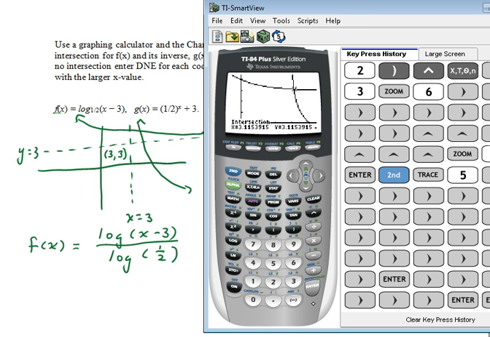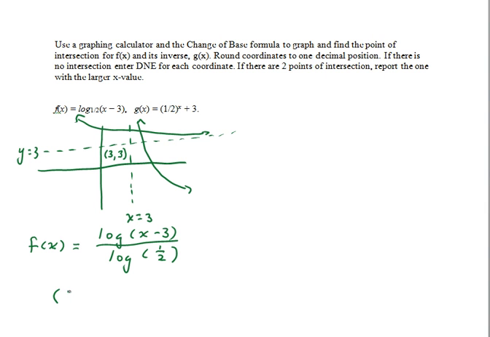And we see that the intersection point is at approximately 3.1, 3.1. It is on the line y equals x. The two coordinates are equal to each other.